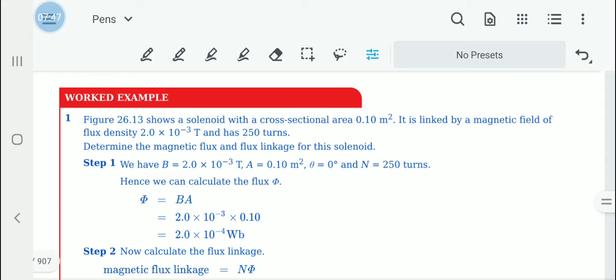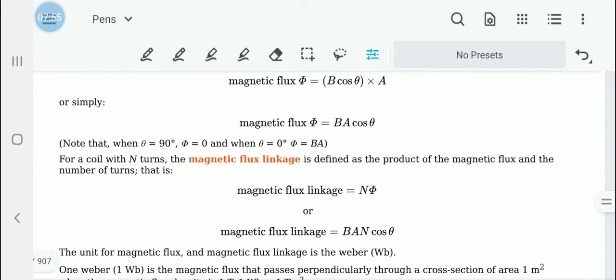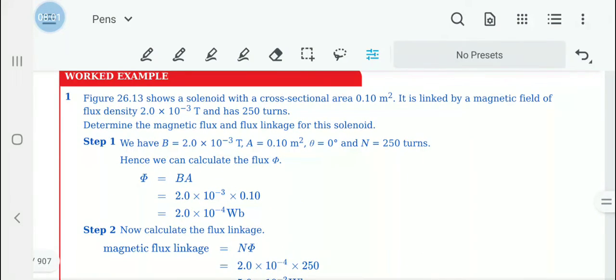So we have the equation to figure out magnetic flux and flux linkage. Magnetic flux phi is equal to BA cos theta, right? So here we have B as a certain value in tesla, and in this particular situation theta is 0.